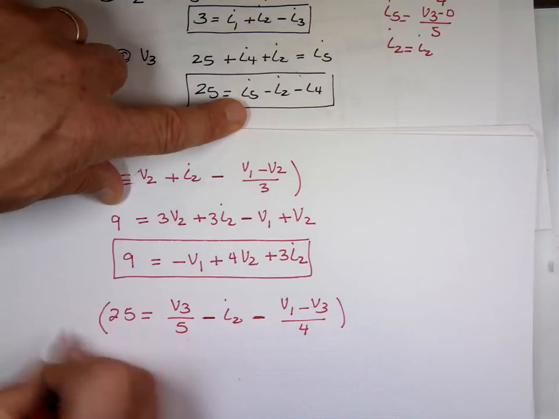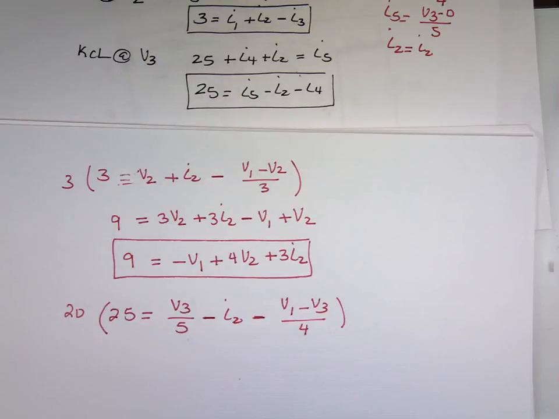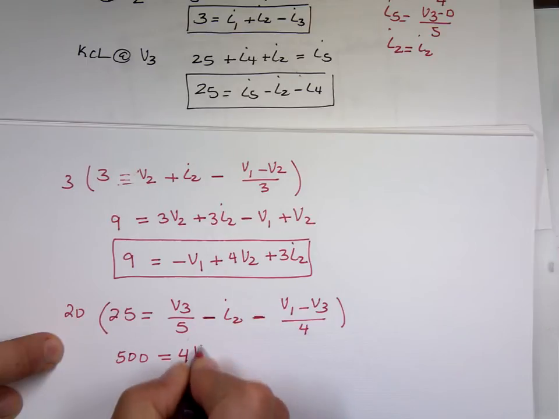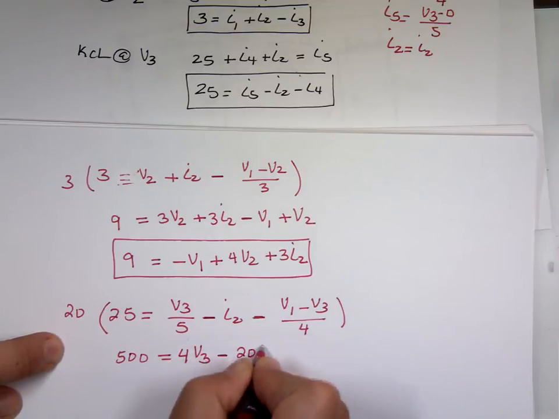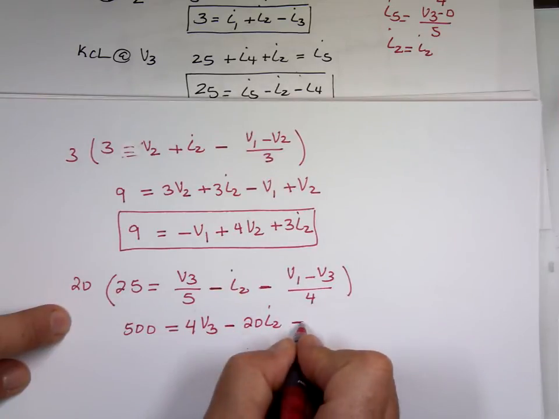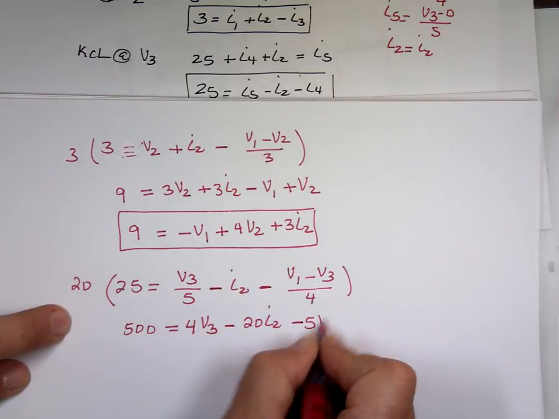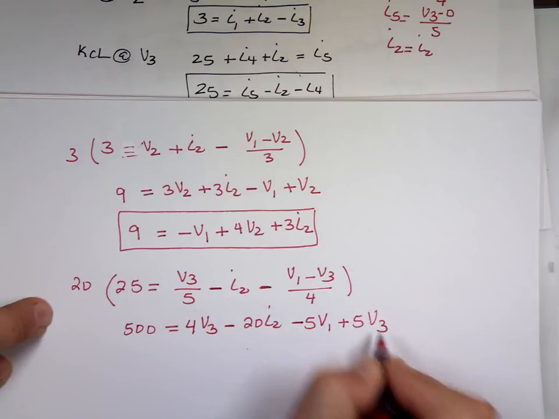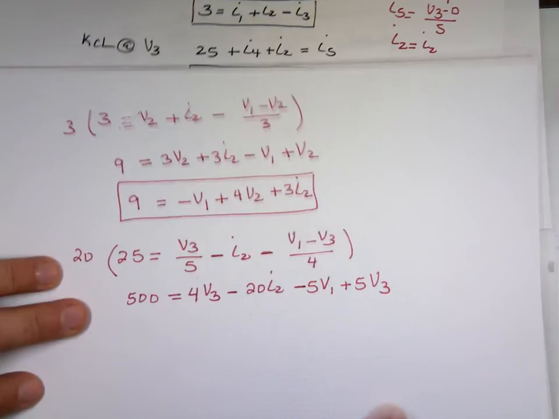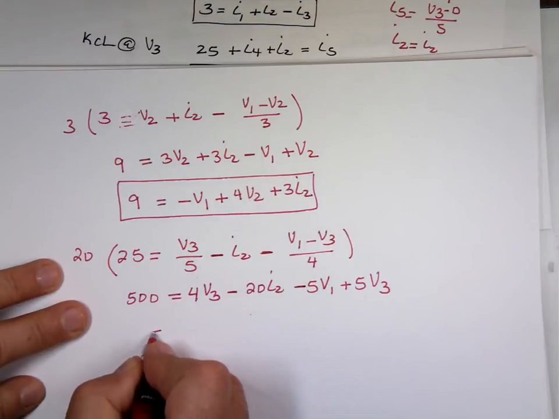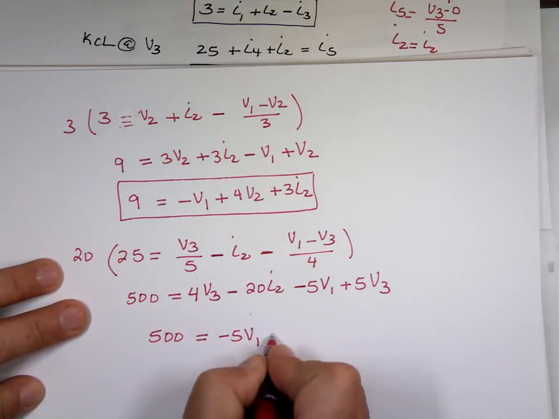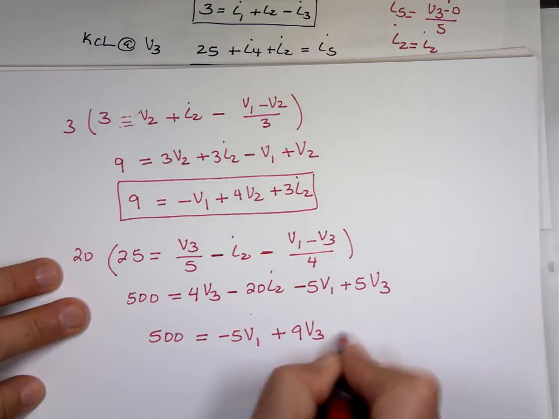LCD for that is 20. 500 equals 4V3 minus 20I sub 2 minus 5V1, I mean V1, not I sub 1, plus 5V3. So 500 equals negative 5V1 plus 9V3 minus 20I sub 2.